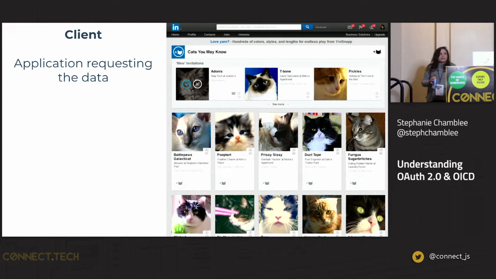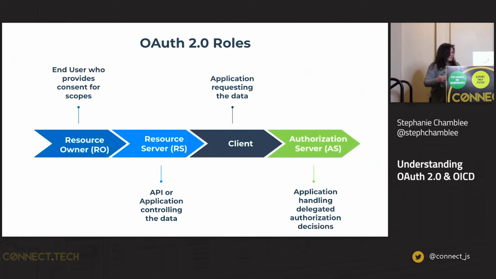In our example, the client here is LinkedIn. Once the resource owner grants access for the client to get data from the resource server, the end user is able to request invites to people in their Google contact list, which is so nice that you can do that, right?